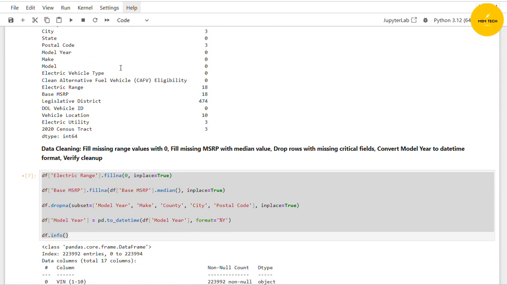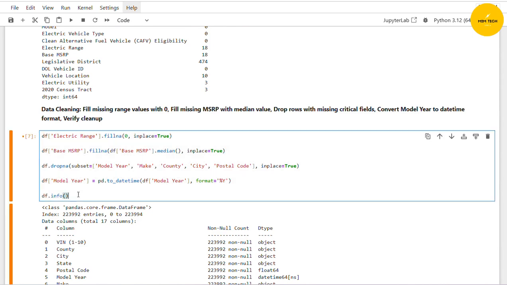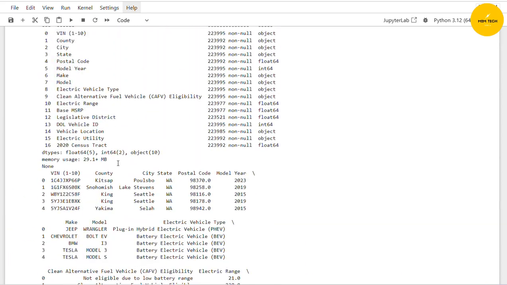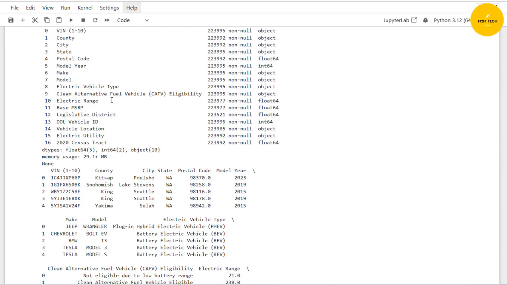The next step was to handle the missing values. This part of the code checks for missing values using df.isnull().sum(). Missing values in the electric range column are filled with 0, assuming no range is equivalent to 0.